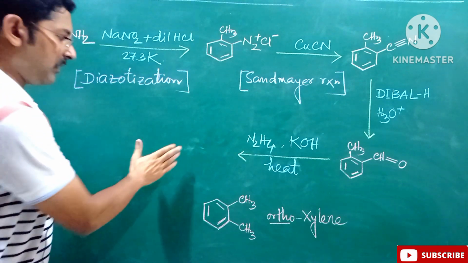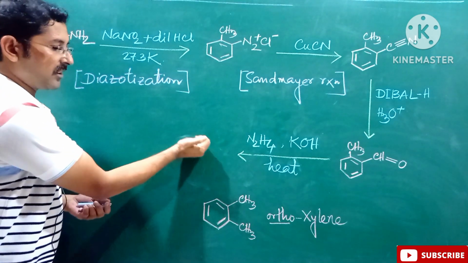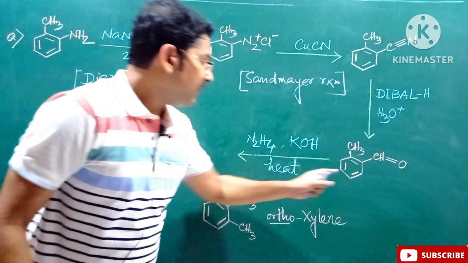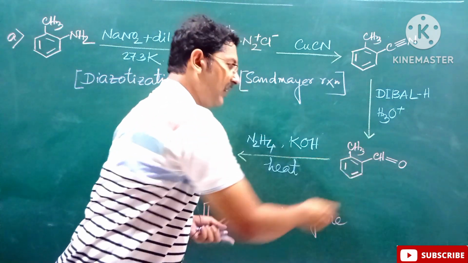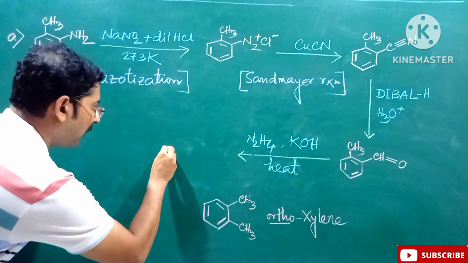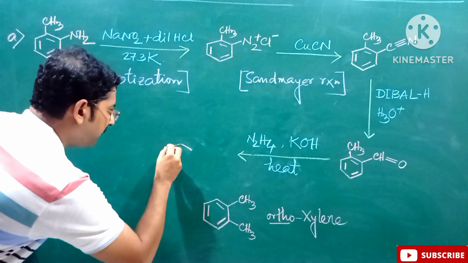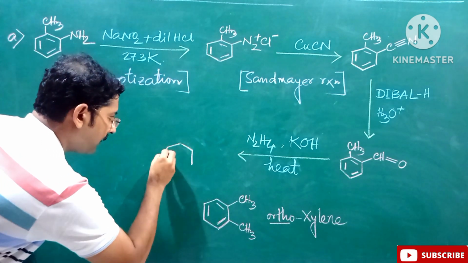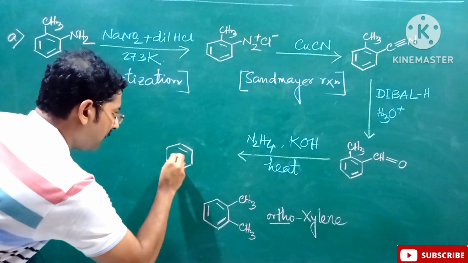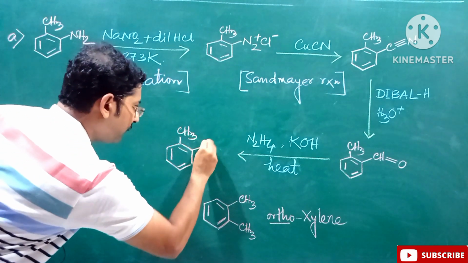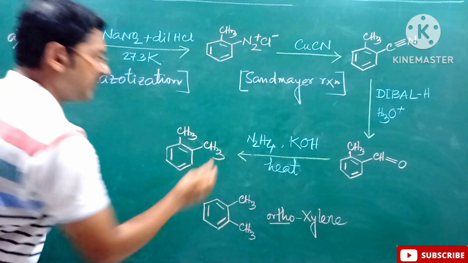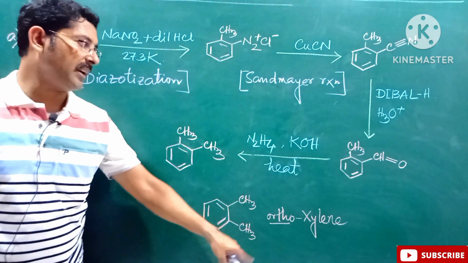So the name of the reaction is the Wolff-Kishner reaction, and what will happen? This CHO group will be reduced to an alkane, that is CH3. So our end product will be CH3, and of course this one is also CH3, that is orthoxylene, right?